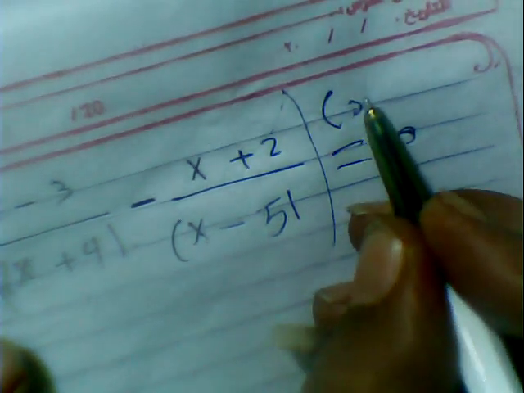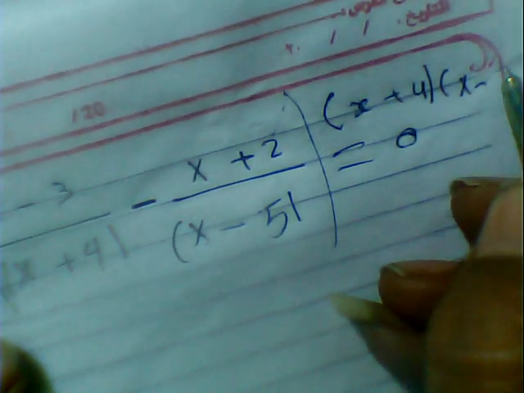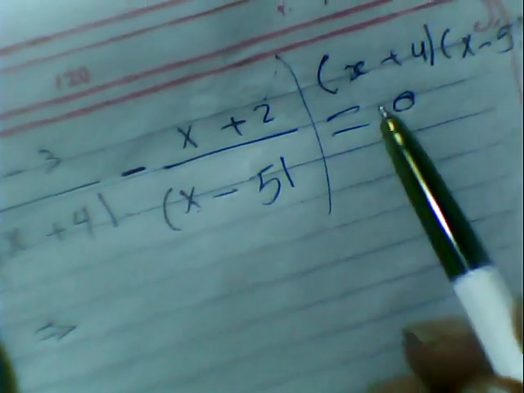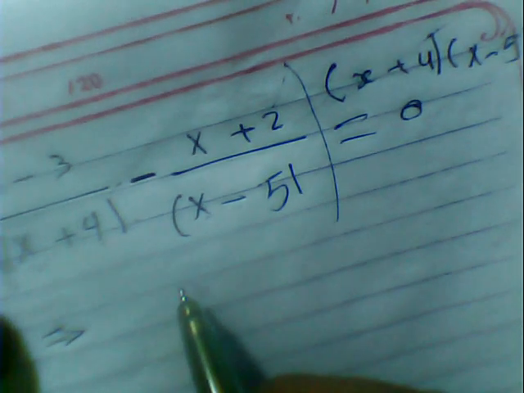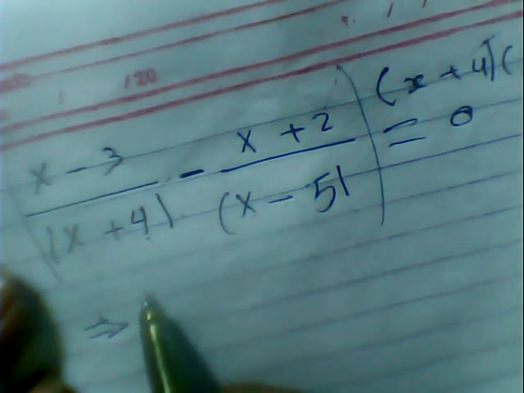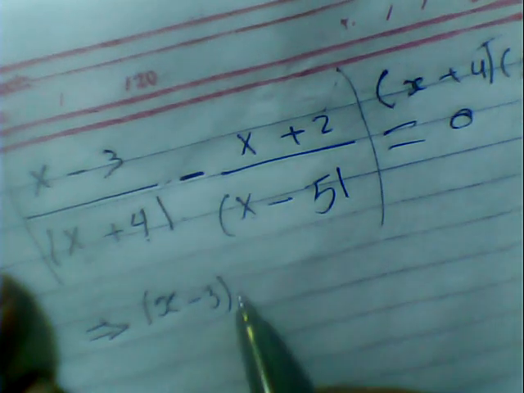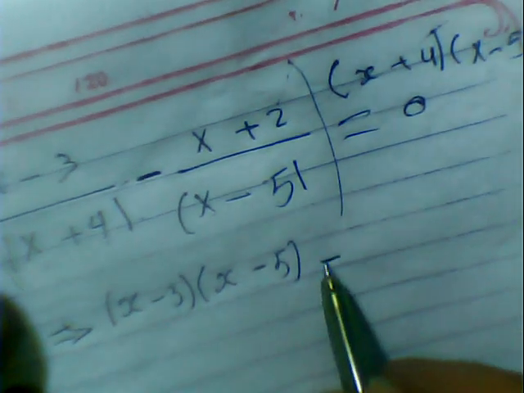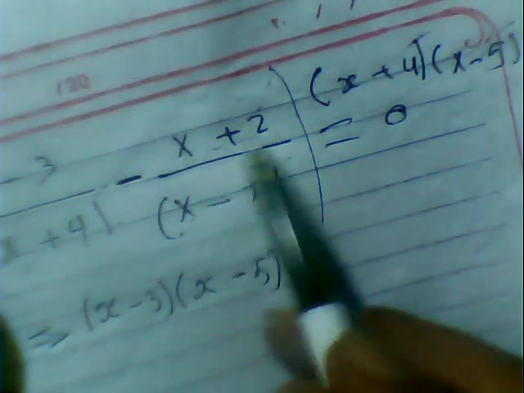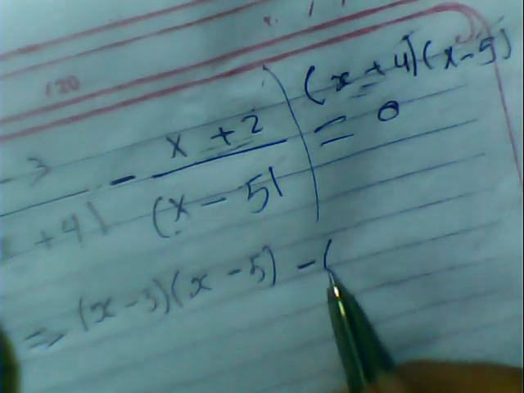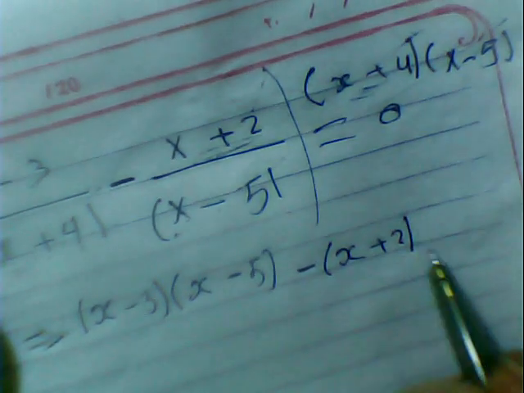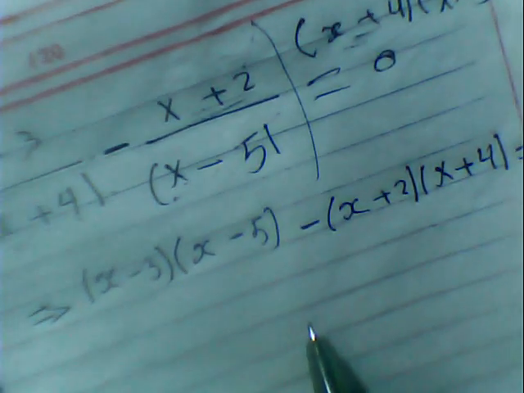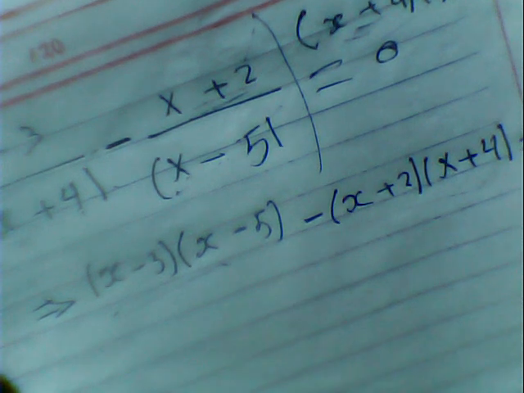Then we have (x minus 3) multiplied by (x minus 5), minus (x plus 2) multiplied by (x plus 4), equal 0.